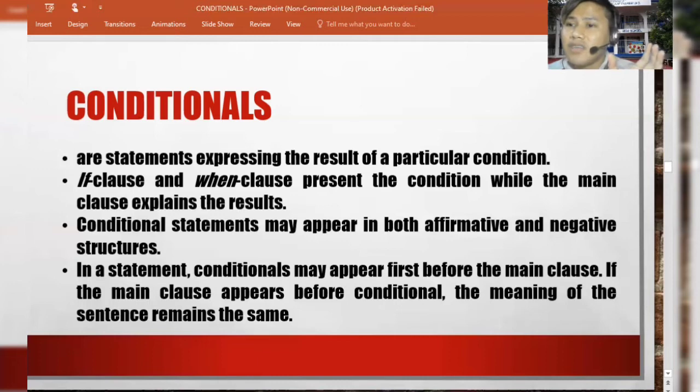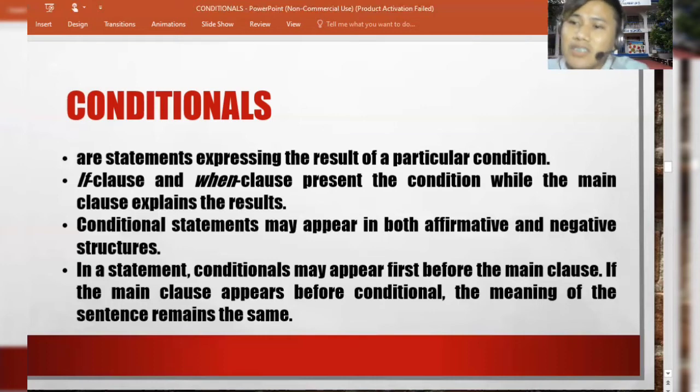In other words, the if clause is referred to as the condition and the main clause is referred to as the result of that condition, just like the example that I have given earlier, that you need to sleep so that you will get your reward.